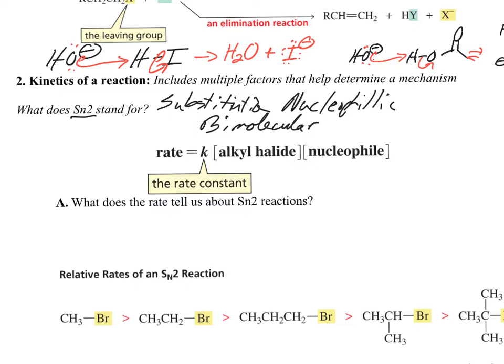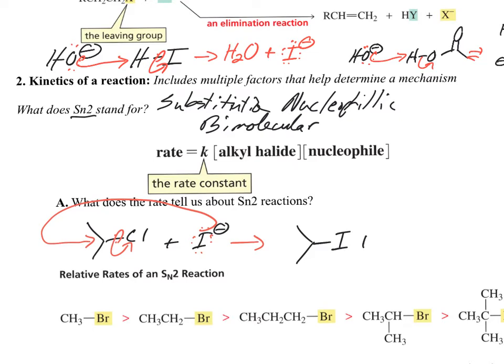What does an Sn2 reaction look like? This is an Sn2 reaction. It's one step. You substitute, in this case, the chlorine for the iodine.